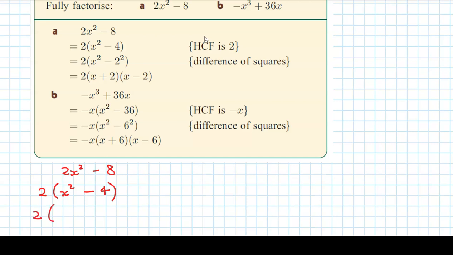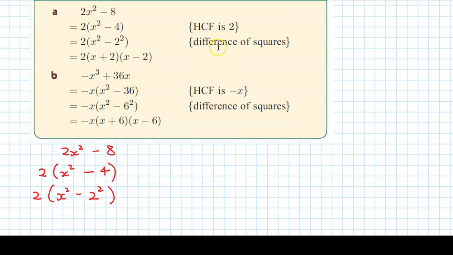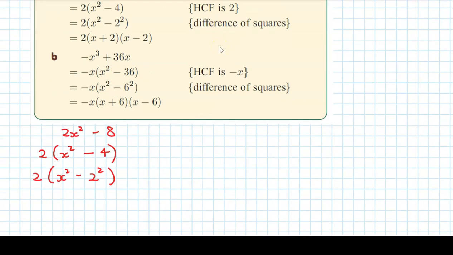So x squared take 4. In that case, the first term is already in its squared factor. And then the second one, the 4, we can change that to 2 squared. So in that case, I'll just write it to the side again, just so it can really be clear that a will be x and b will be 2.